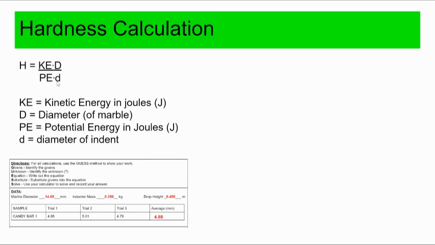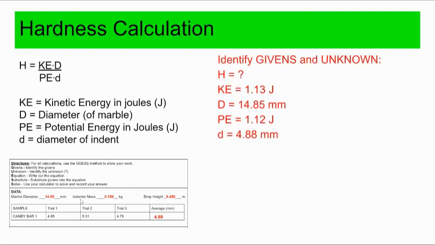All right, let's identify our givens. So we know that our kinetic energy was the 1.13 joules. Our diameter of the marble, we measured marble diameters 14.85 millimeters. Our potential energy was the 1.12 joules.